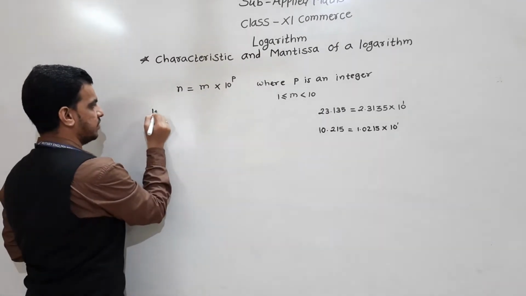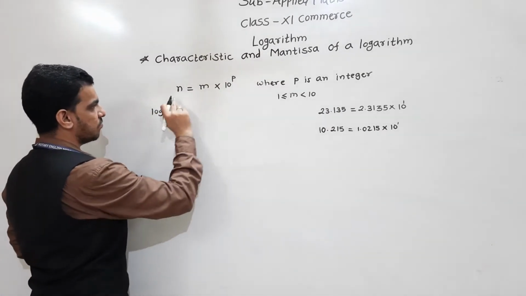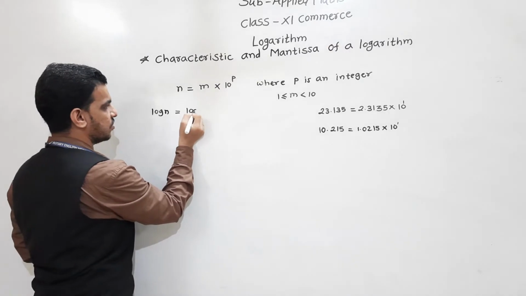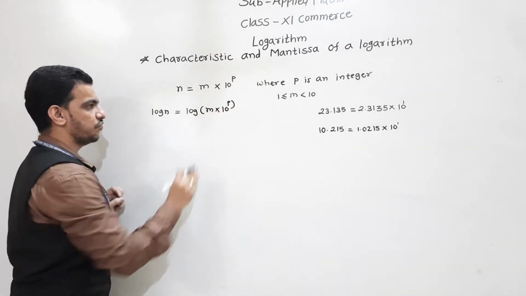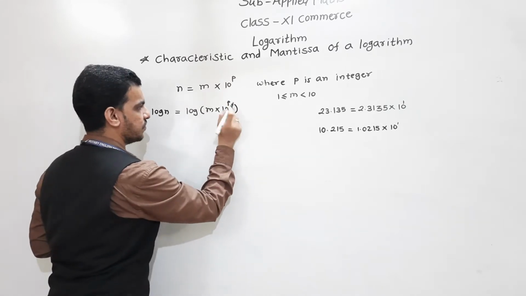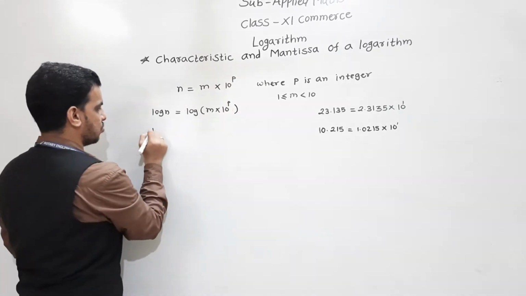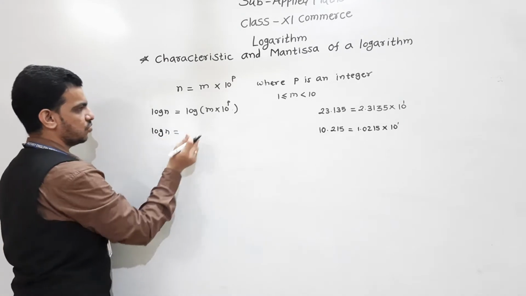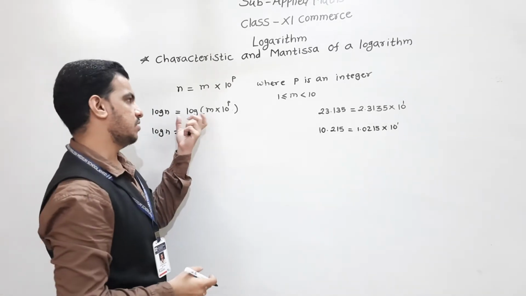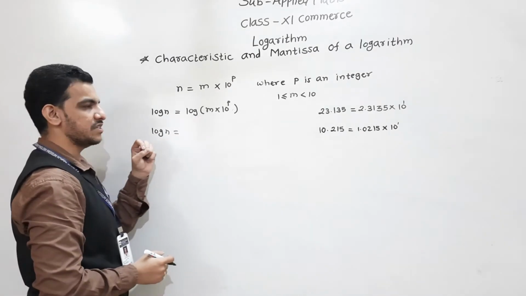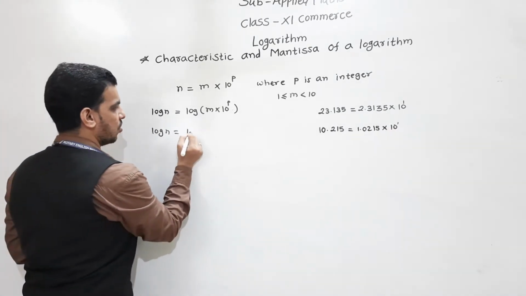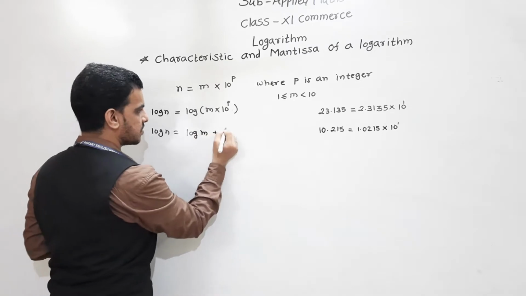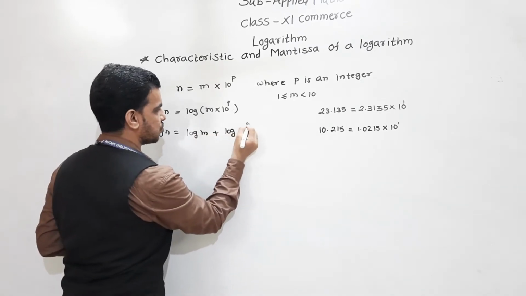So if we take log on both sides, log n is equal to log of m into 10 raised to p. Now we have to find the log of this number. We have the law of logarithm: log of mn we can write as log m plus log n. So log m plus log of 10 raised to p.